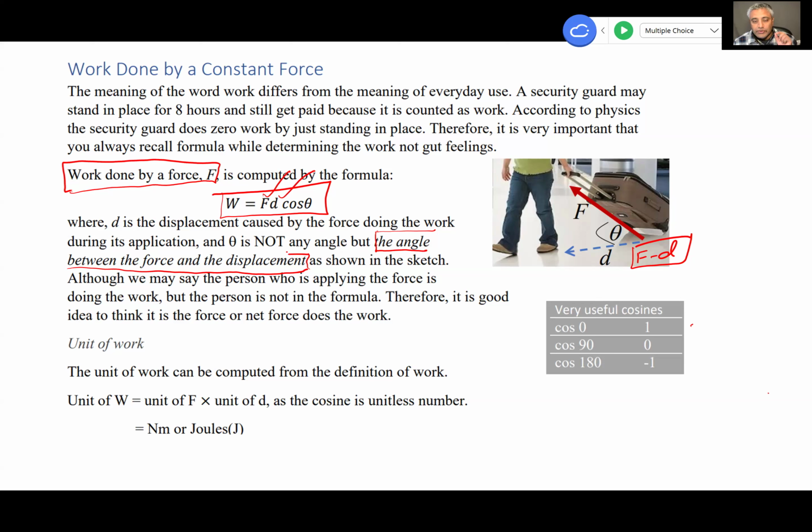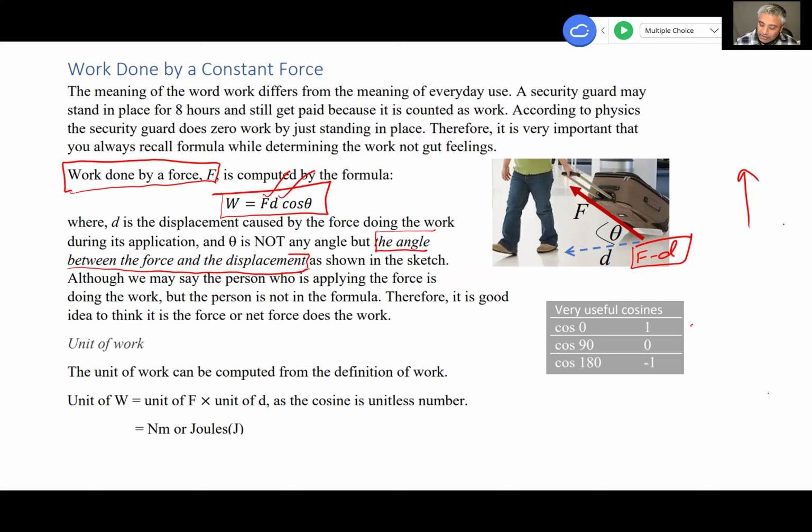Okay. So you have to first identify, okay, I'm finding work done. Work done by which force? What force? Right? So you need to ask that question. So once you know what force you are talking about, you need to figure out what direction that force is acting and draw the force. And then finding direction of displacement is not going to be that bad.